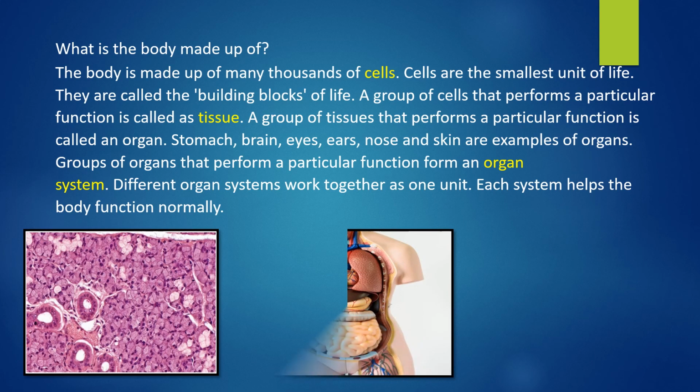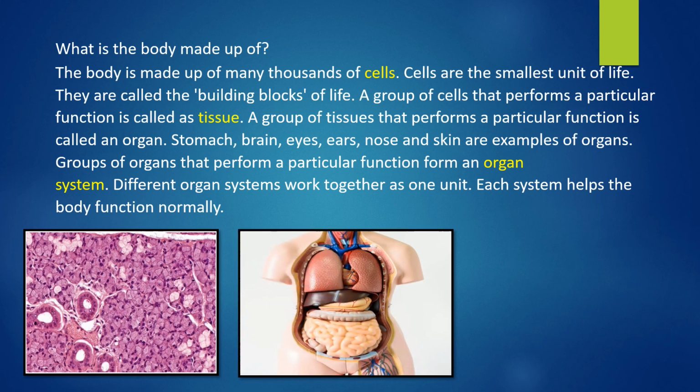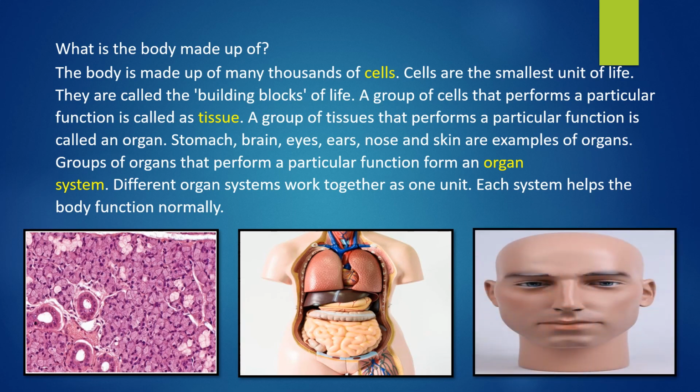Stomach, brain, eyes, ears, nose, and skin are examples of organs. A group of organs that perform a particular function form an organ system. Different organ systems work together as one unit. Each system helps the body function normally.